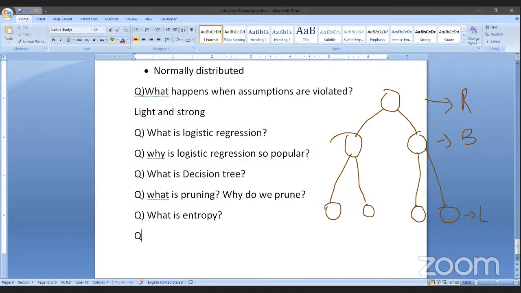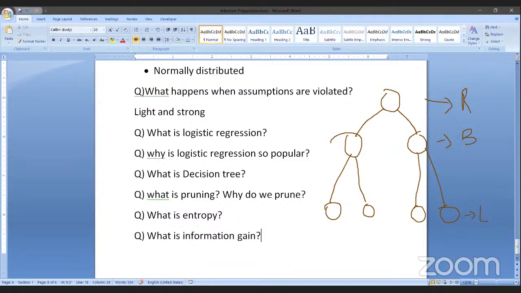So let's go to the next one. What is information gain? Yes, correct.